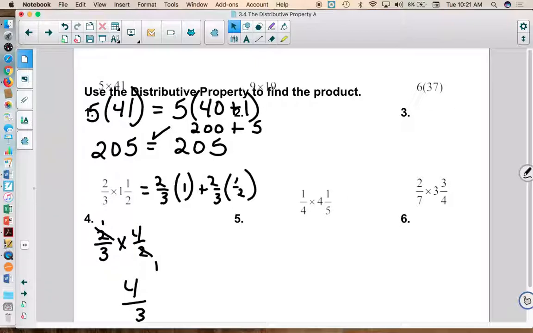2/6. Okay. 2/6, which is, 2/6 plus 2/3 would be 4/6, wouldn't it? 2/3 is 4/6. Yeah. Okay. Oh, ruh-roh. This is 2/3 plus 2/6.